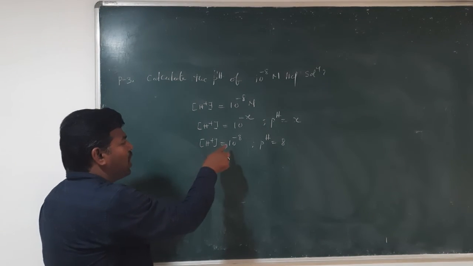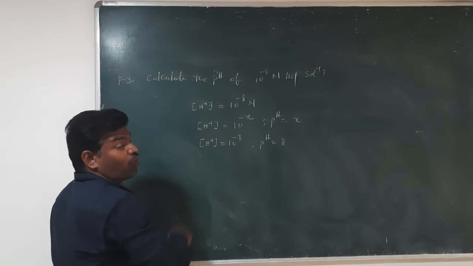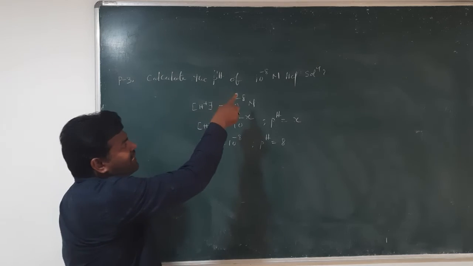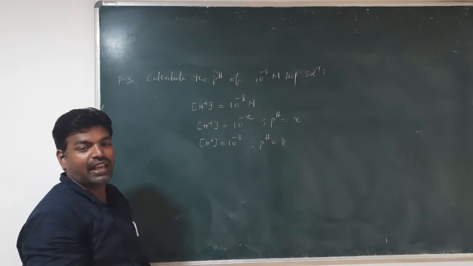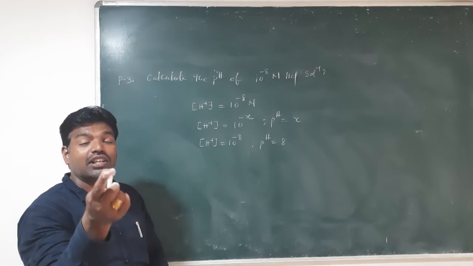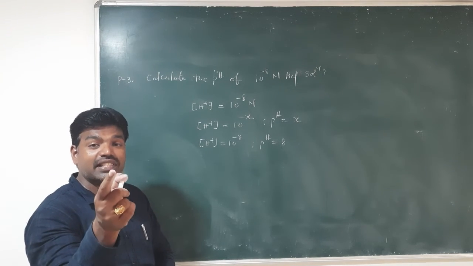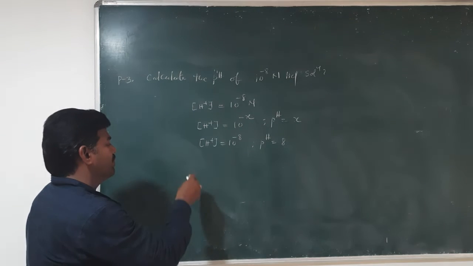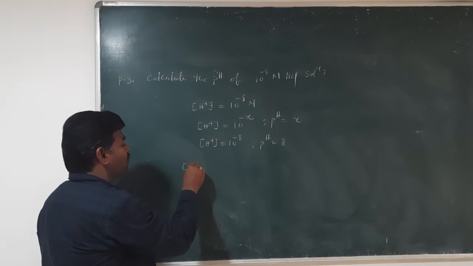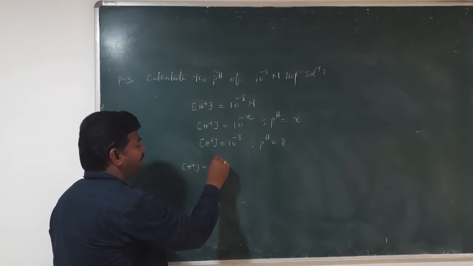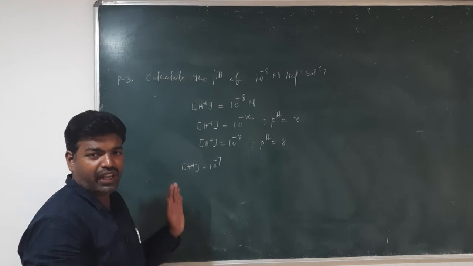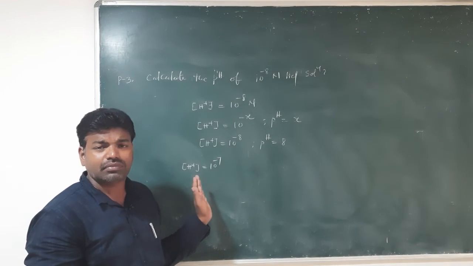Here the concentration of H plus ions is 10 power minus 8. This is an HCl solution. HCl solution means the solvent is water, and we know that the concentration of H plus ions in 1 liter of water is 10 power minus 7. How would we know that?